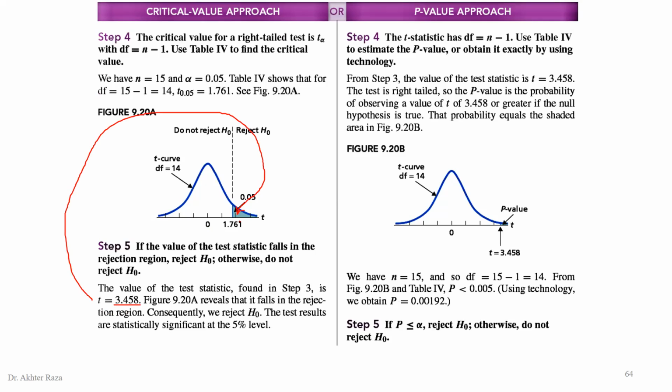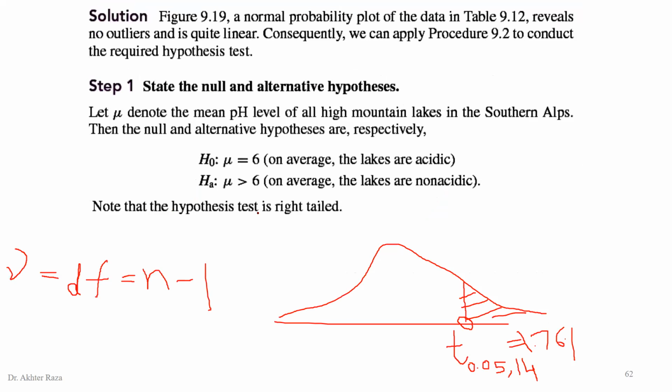And in the alternate hypothesis, what we were saying is that the lakes are non-acidic. This statement is correct. The lakes are non-acidic because the observed value of the T statistic is more than the critical number 1.761.